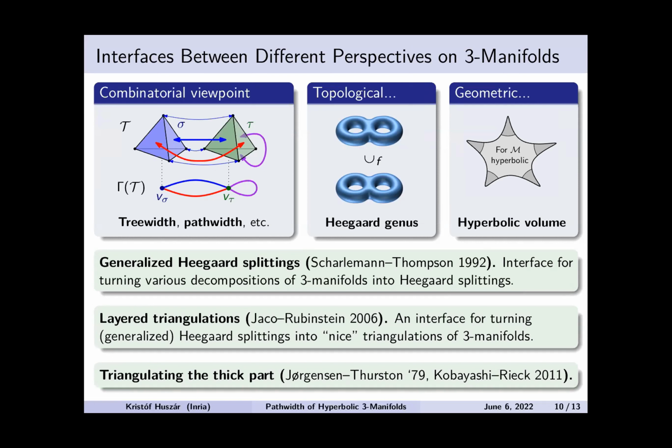Layered triangulations, for our purposes, are an interface for turning Heegaard splittings into nice triangulations of three-manifolds. And it is also important in several of these works that the thick part in a thick-thin decomposition of a hyperbolic manifold can be triangulated in a very nicely controlled way, where the number of tetrahedra in the thick part is bounded by the volume.